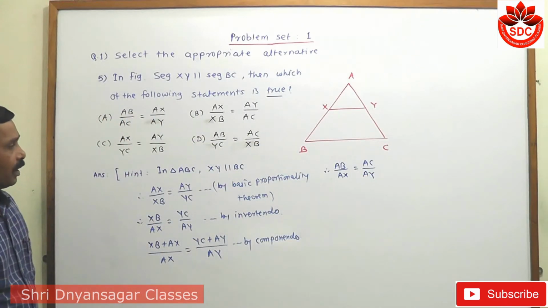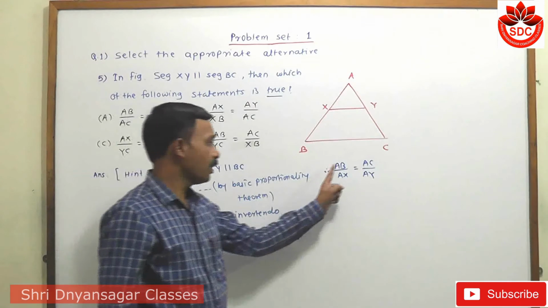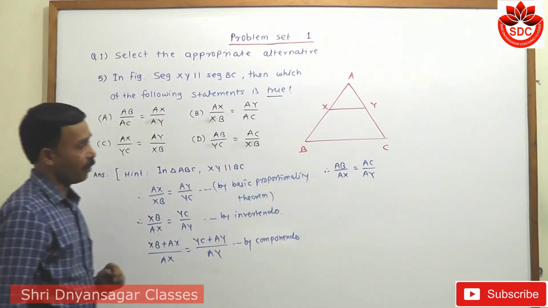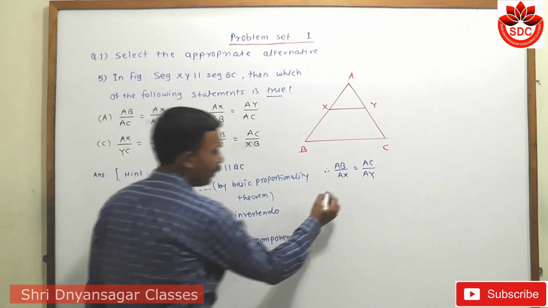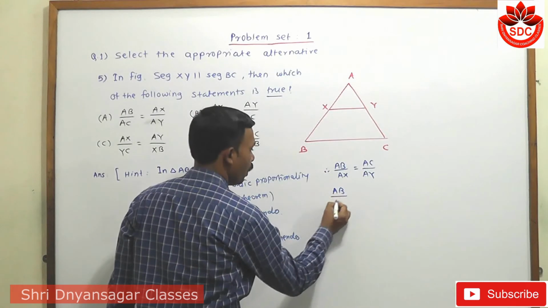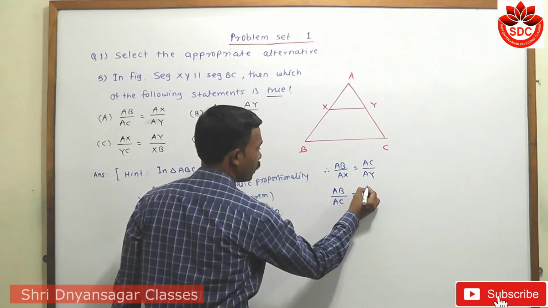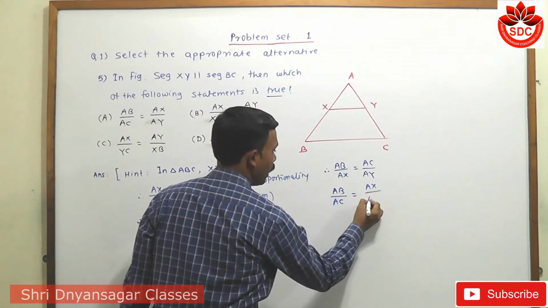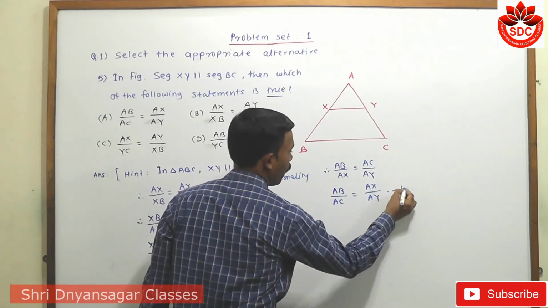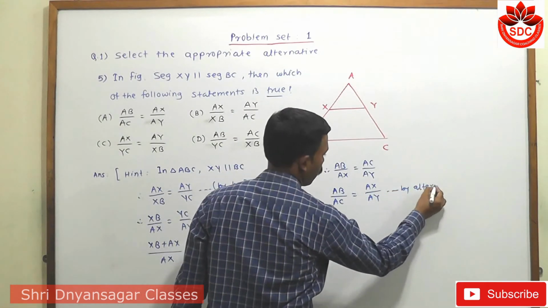Then again take the alternando property, then we write AB upon AC is equal to AX upon AY, by alternando.